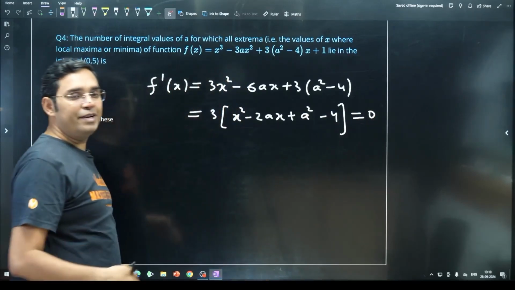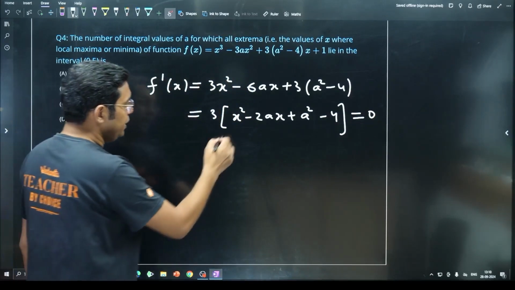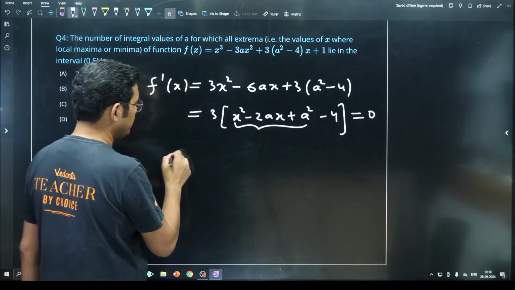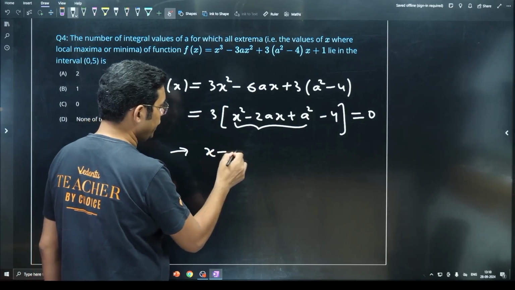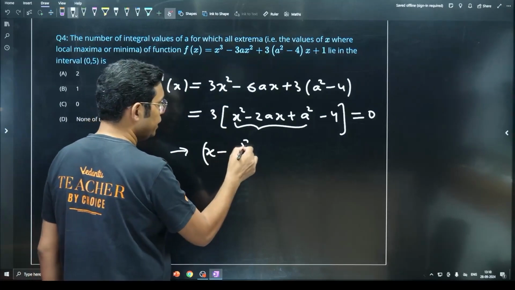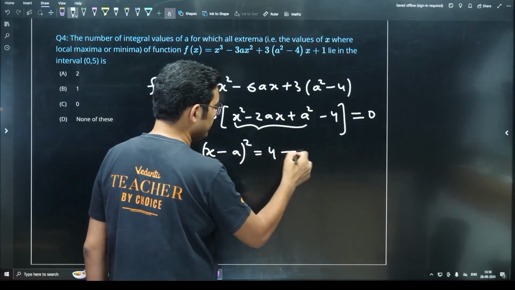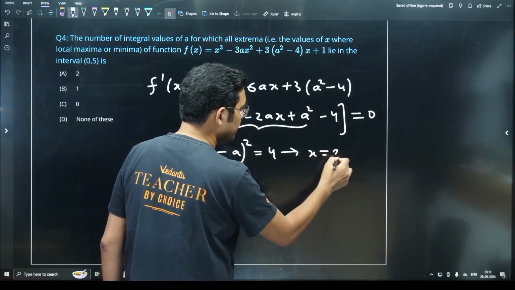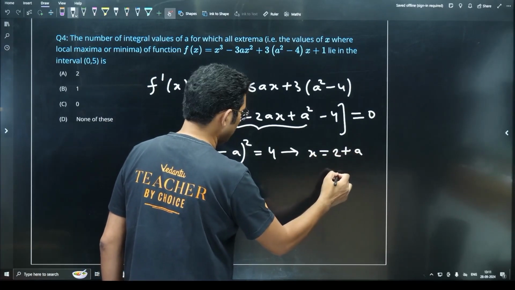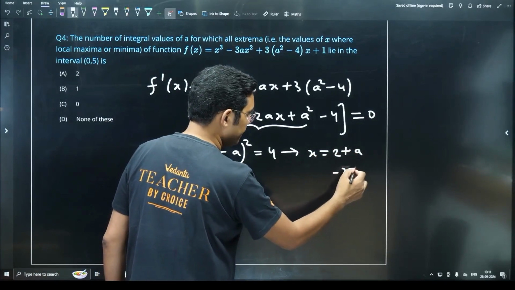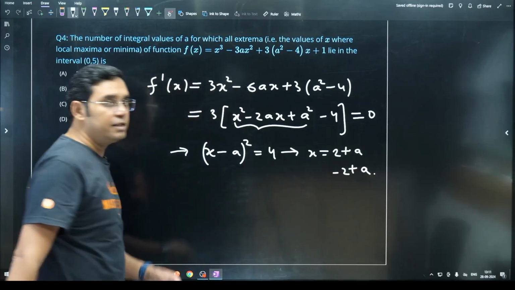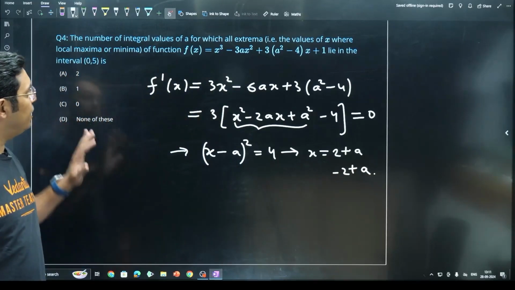If we solve, we will get points of maxima and minima. Here this is a perfect square, x minus a whole square equal to 4. So from this we get x equal to either 2 plus a or minus 2 plus a. So these are the points of maxima or minima.